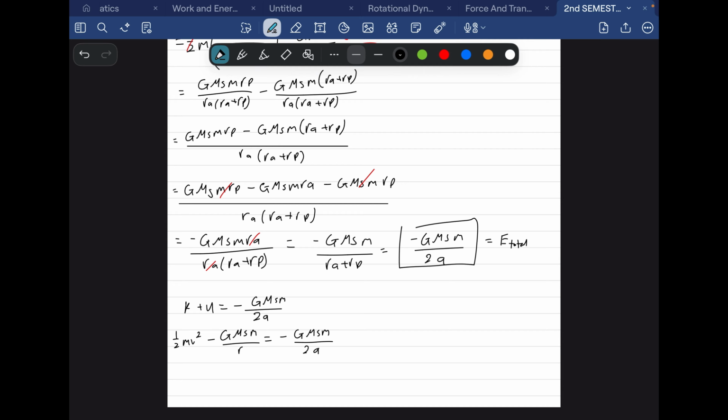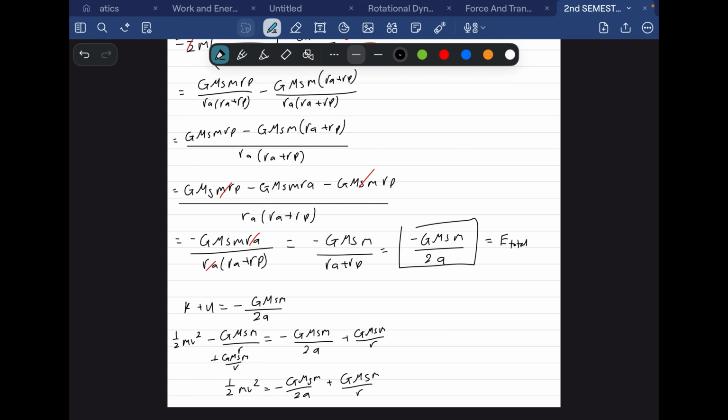And then I'll move the potential energy to the other side. So I get this equation.